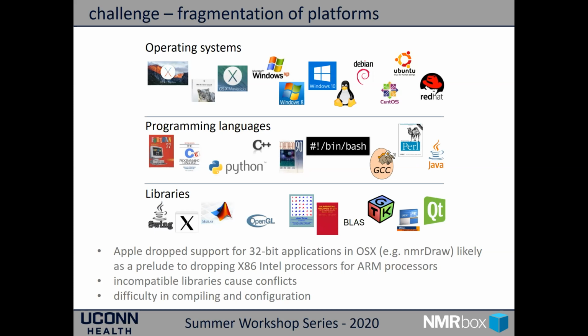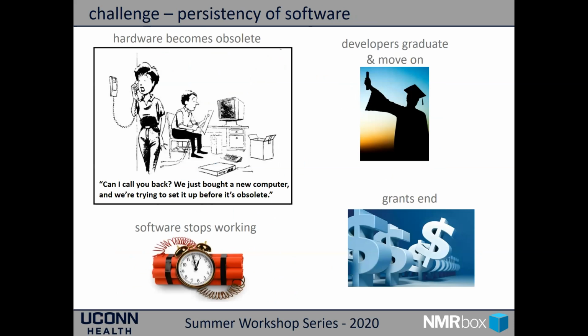A good example of this is that recently Apple has dropped support for 32-bit applications. So everybody's favorite processing program, NMRPipe with NMRDraw: NMRDraw doesn't work anymore on Apple computers. And it looks like Apple is about to announce that they're going to be dropping Intel x86 architecture soon. So lots of NMR software may no longer work in the coming years on an Apple. Library conflicts, difficulty in compiling, whatnot.